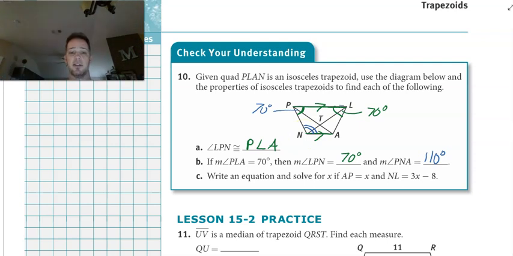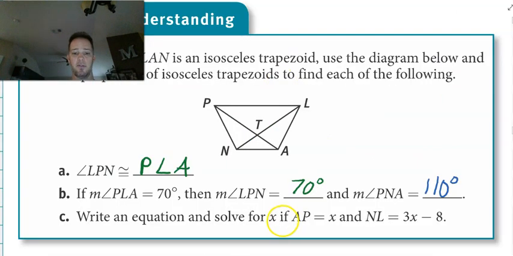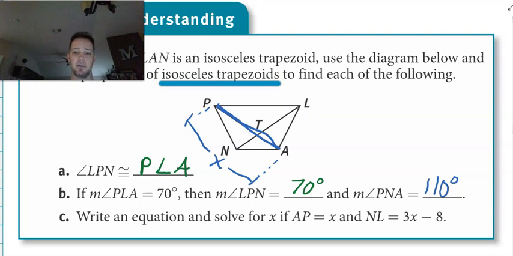All right, part C says write an equation and solve for x if AP equals x and NL equals 3x minus 8. I'm going to go ahead and get rid of the other stuff. So if AP equals x, NL equals 3x minus 8. So NL, oh, this is just the two diagonals. I know they're going to be equal to each other.